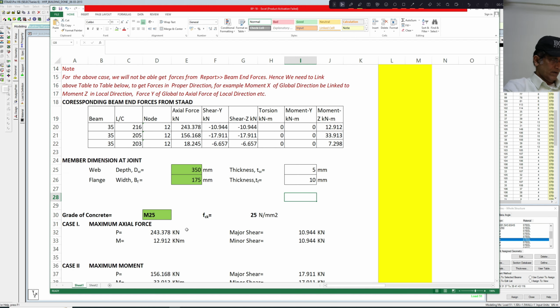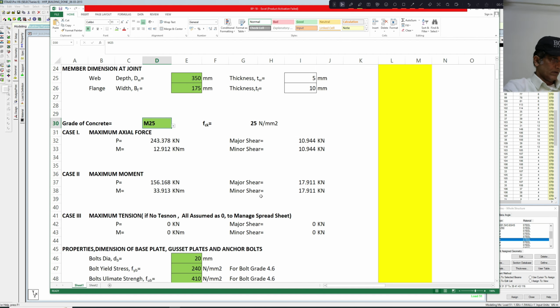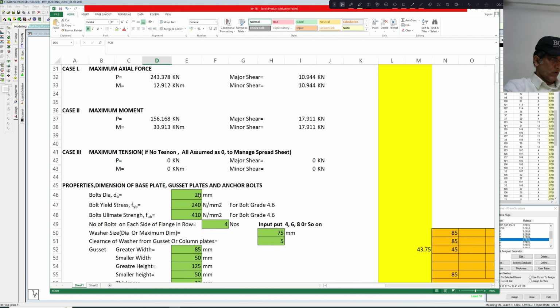Let us consider the grade of concrete as M25 itself. Many times we may have to go for a higher grade. So fck will be 25 Newton per millimeter square. For the bolt diameter, let us try 16 mm diameter.